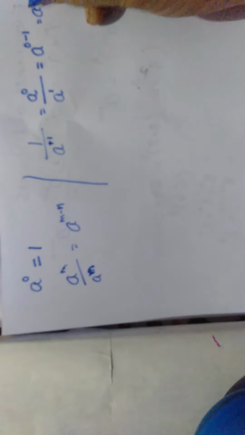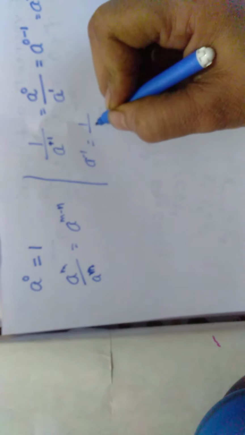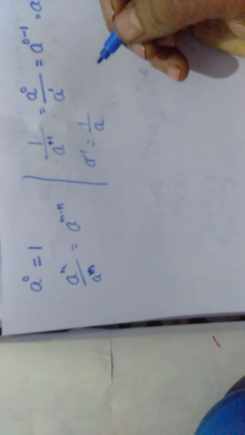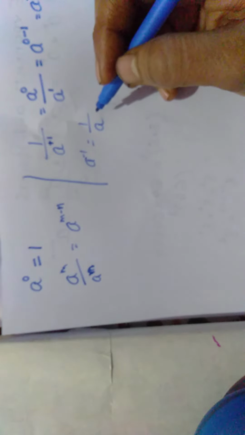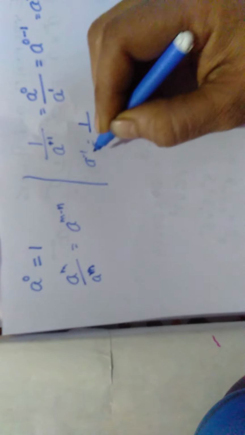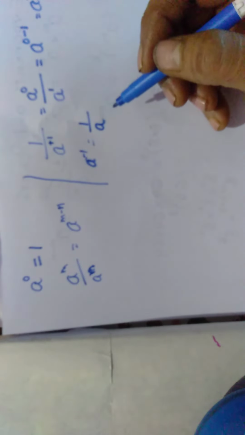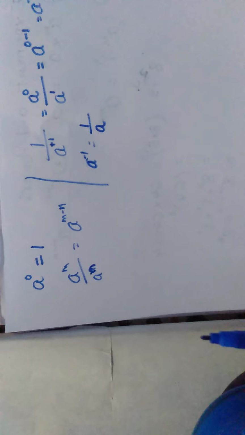A to the power 0 minus 1, that is a to the power minus 1. So a to the power minus 1 is written as 1 upon a. So you can see that the reciprocal is taken when the power is minus 1, and it is converted like this. Now in my next video I will be explaining some examples of how to solve using these laws.